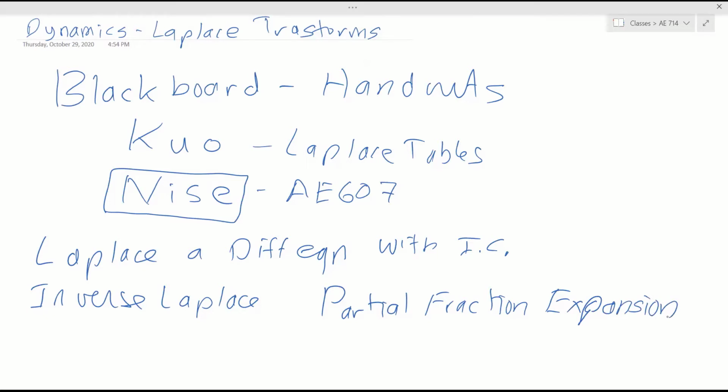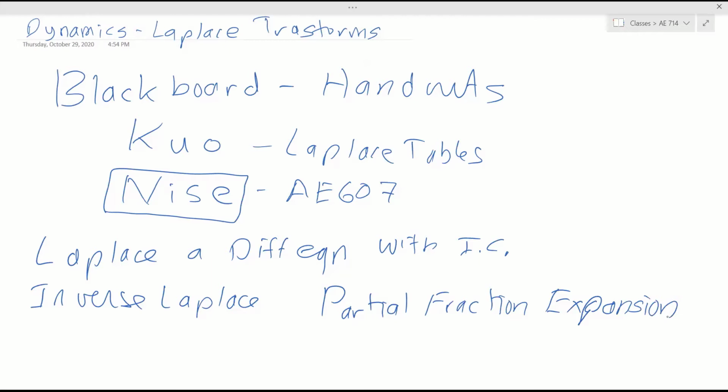And you guys in 607 have done that this semester, right? Now, we won't be getting into it as deep as you do in that class and all of the control theory and the controller design, but we will use it to solve differential equations, which are the small perturbation equations of motion.